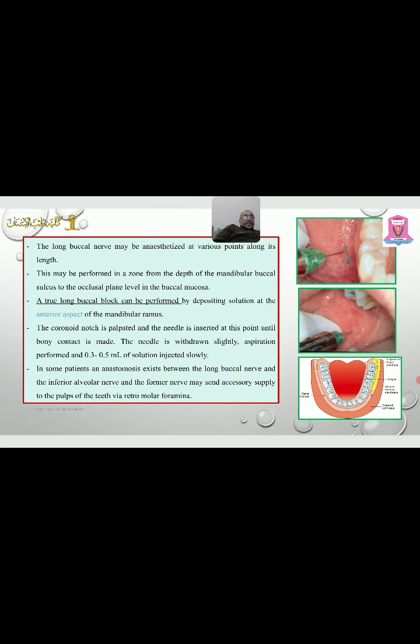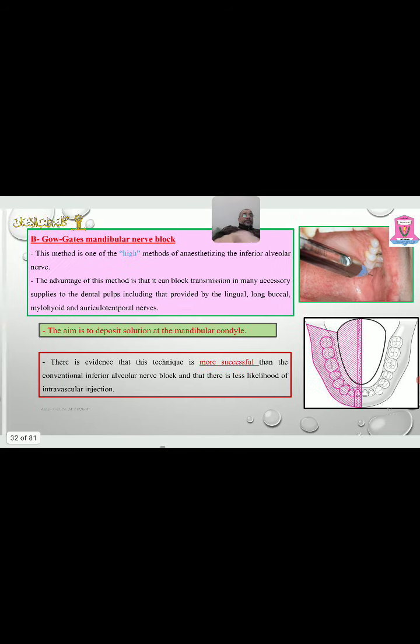In some patients, an anastomosis exists between the long buccal nerve and the inferior alveolar nerve, and the former nerve may send accessory supply to the pulps of the teeth via retromolar foramen. اكو foramen احيانا بالرج behind the last molar tooth. فنوبات اللونج بكال هم يعطي انستيزيا الى البلبس of mandibular teeth. فلذلك لا بأس انت تعطي inferior alveolar nerve block، واحيانا اذا المراجع ظل يتألم تعطي لللونج بكال.